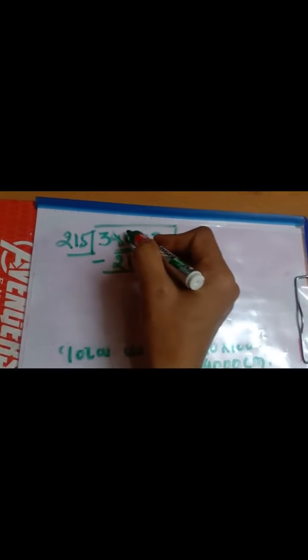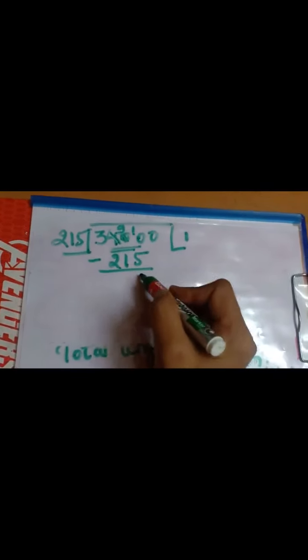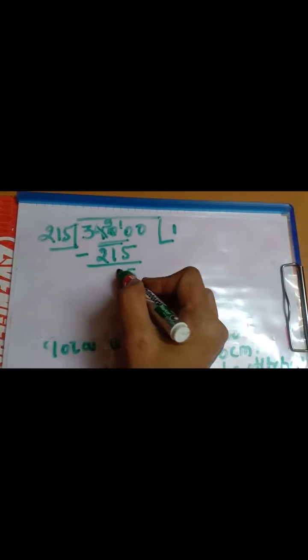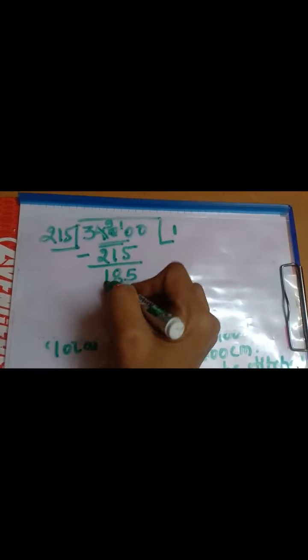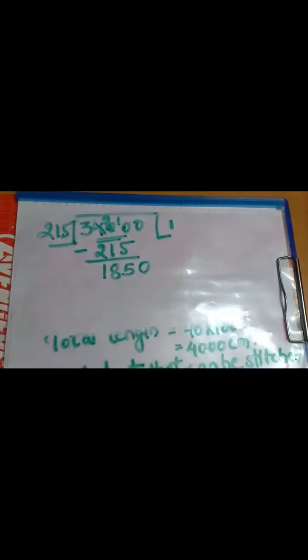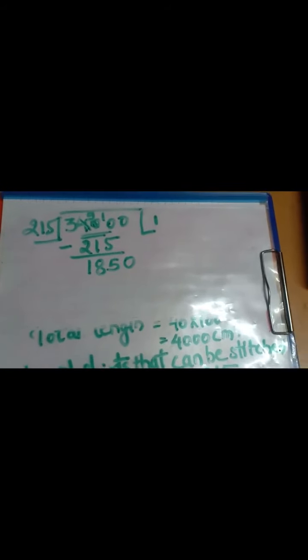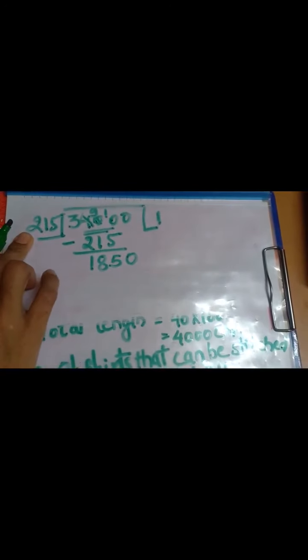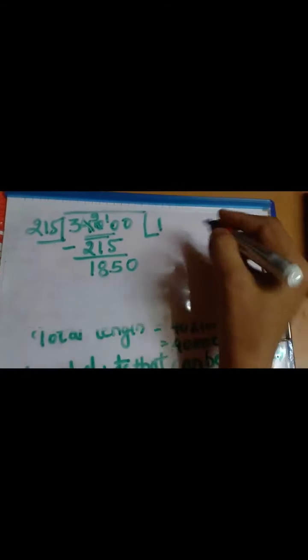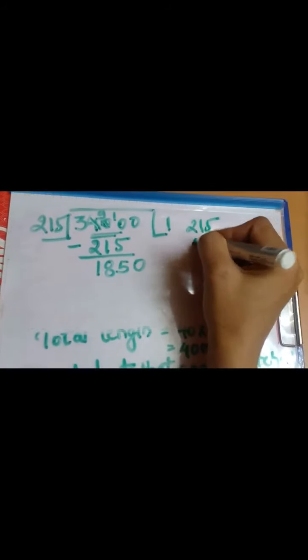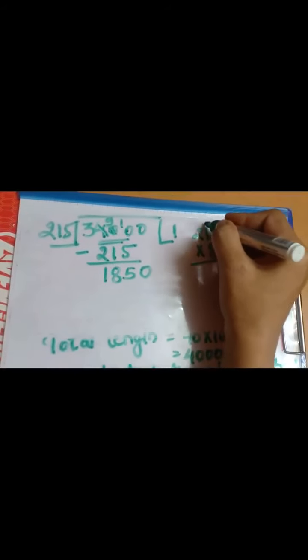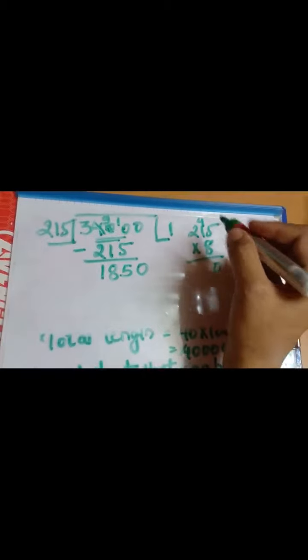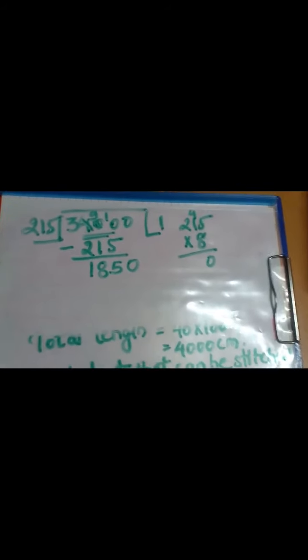So 4 becomes 3, 10, 9, 10. 10 minus 5 is 5, 9 minus 1 is 8, 3 minus 2 is 1, and this 0. Now we have to decide the second digit over here in the quotient. So we'll take 215 multiplied by 8. 8 5s are 40, 8 1s are 8, and plus 4 is 12.